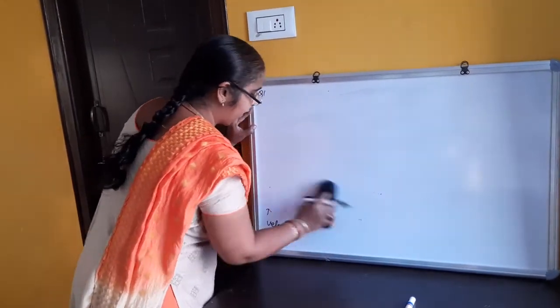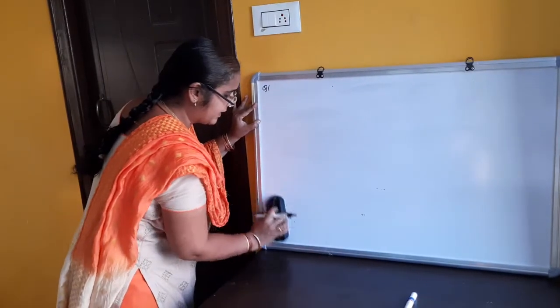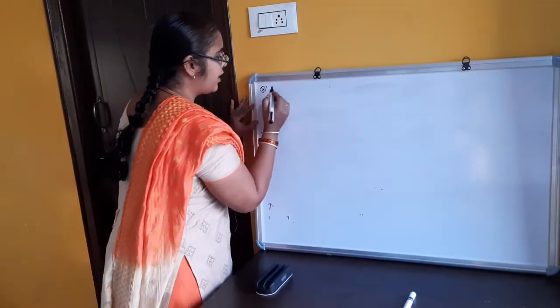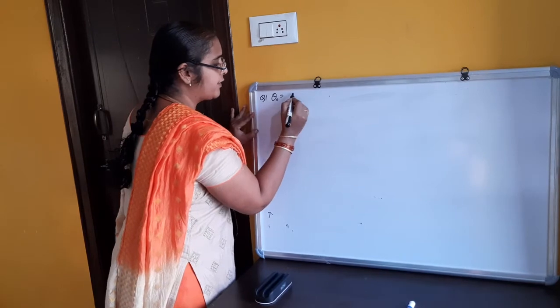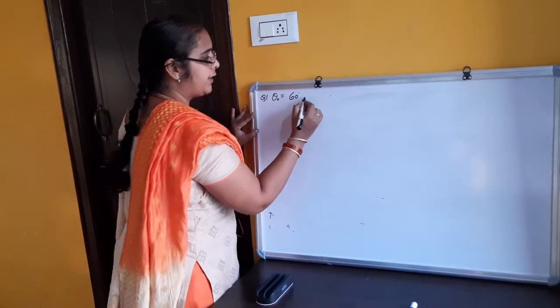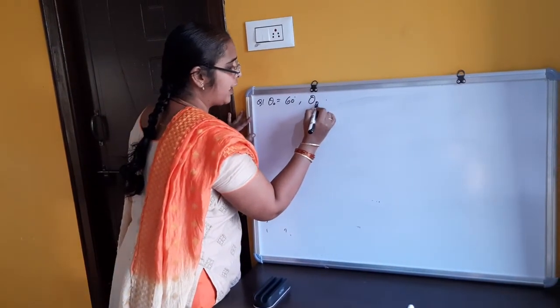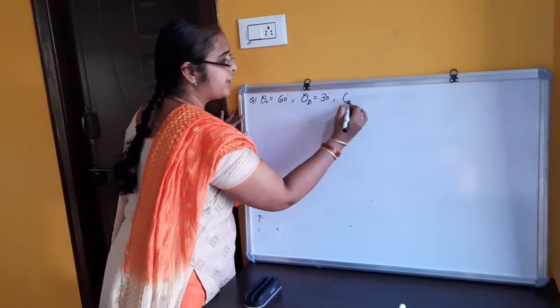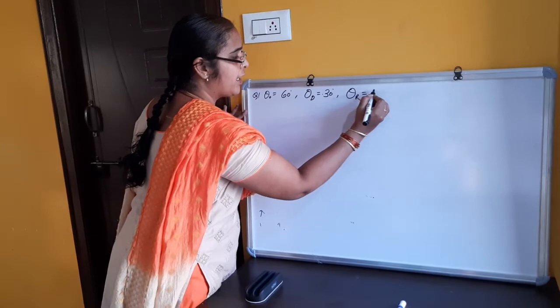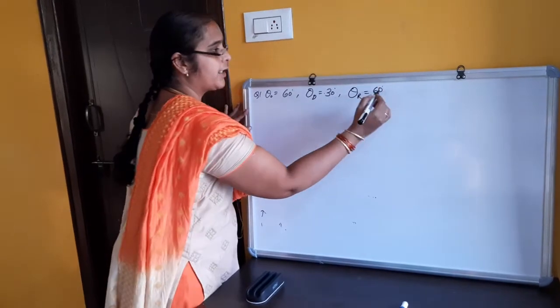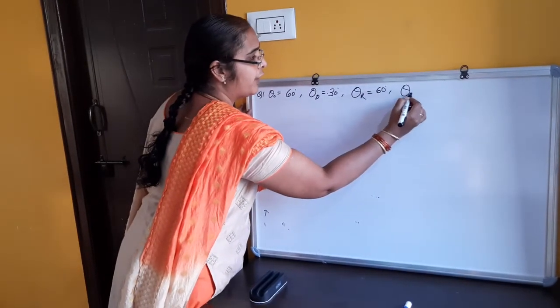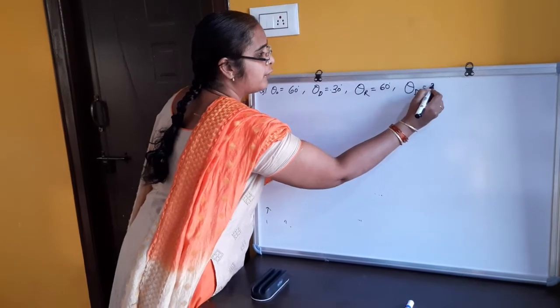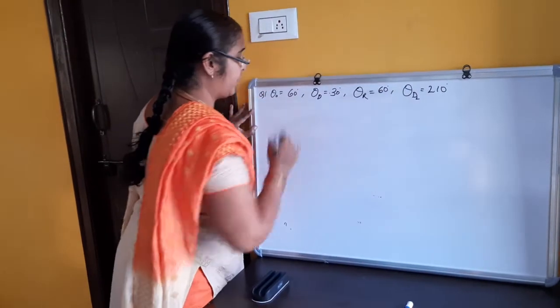I am going to indicate the outstroke angle as theta naught, which is equal to 60 degree, and there is a dwell, I'll write it as theta d, which is equal to 30 degree, and there is a return stroke, I'll write it as theta r, again equal to 60 degree, followed by the second dwell, which is equal to 210 degree.